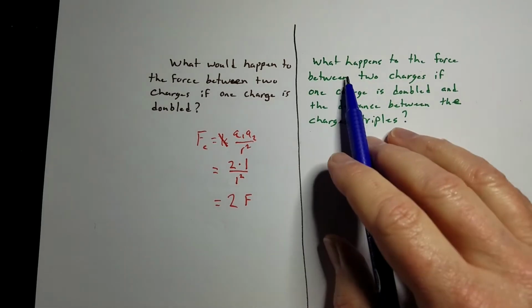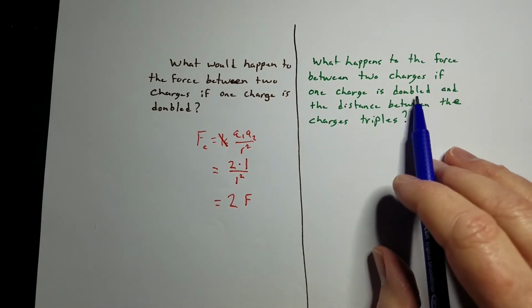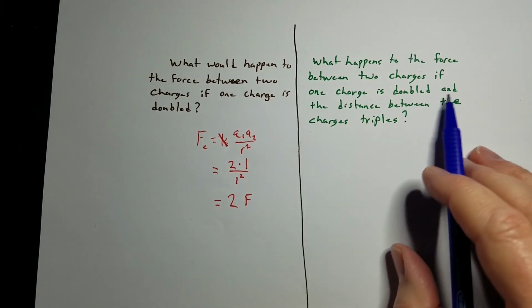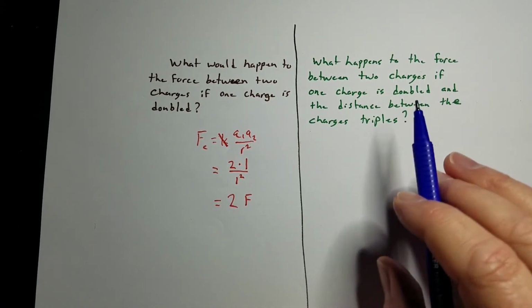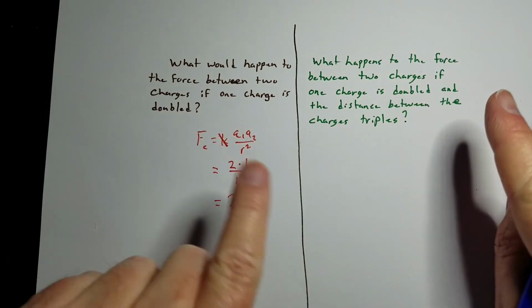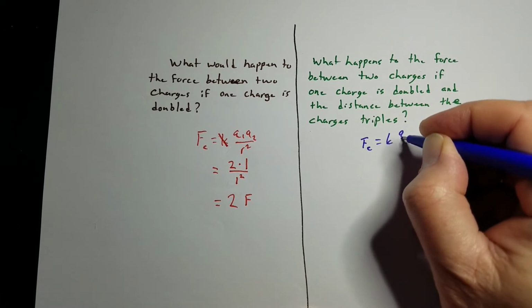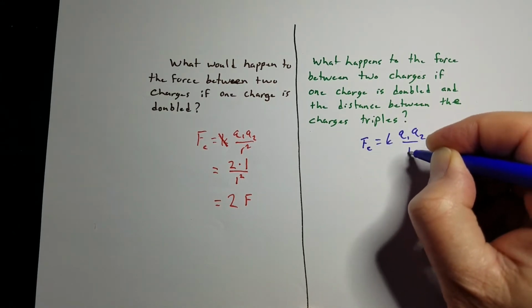Let's try this one. What happens to the force between two charges if one charge is doubled and the distance between the charges triples? So they get 3 times further away from each other. So Fe equals K Q1 Q2 over R squared.